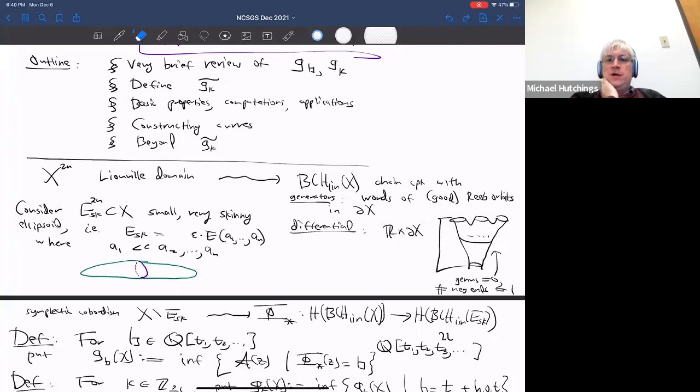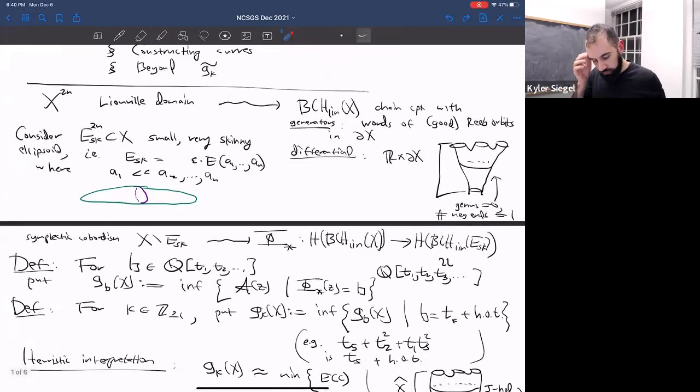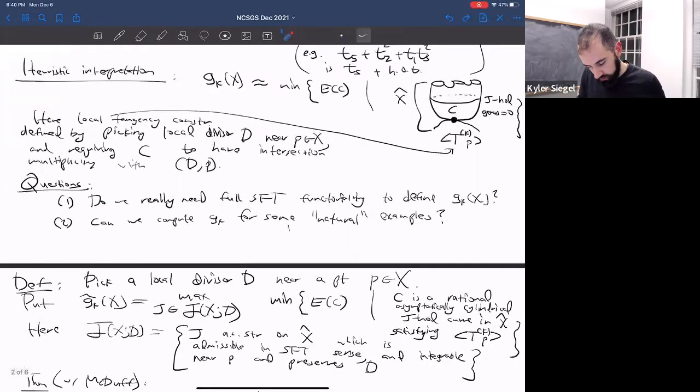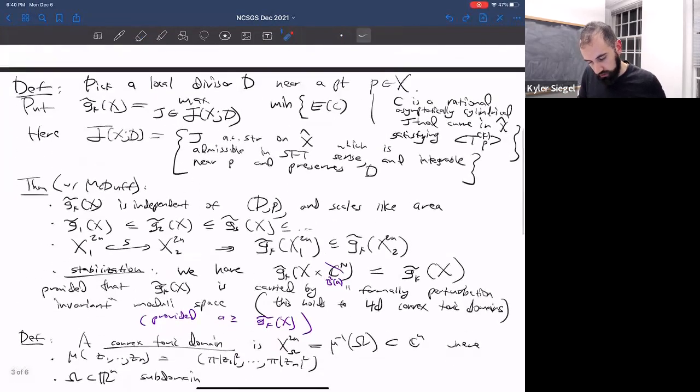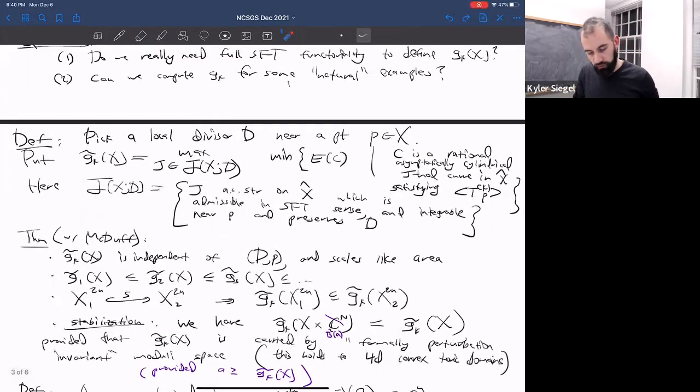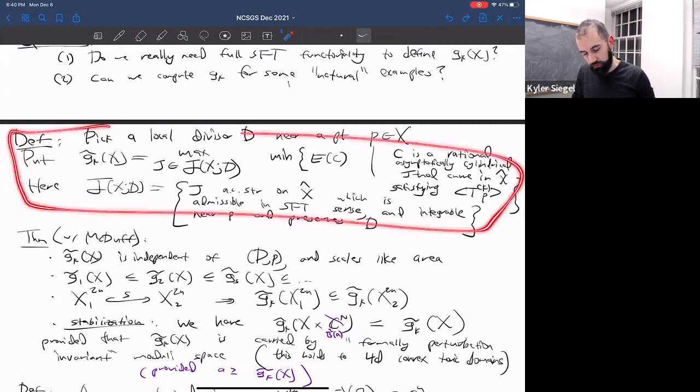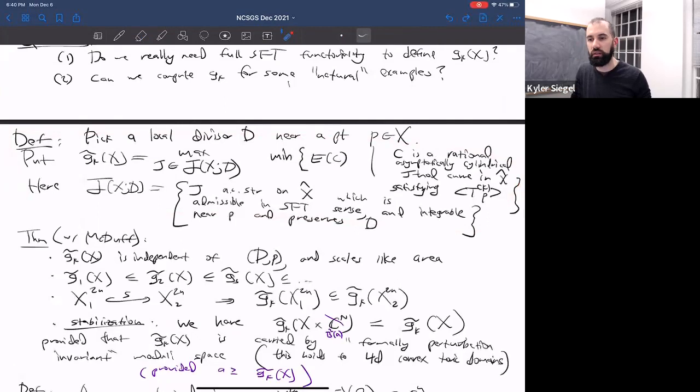Okay, but I think you had some more general kind of capacities which you didn't talk about today, which count other genus 0 curves. Is that right? Yeah, for example, and this is not something that we wrote down, you could take this sort of Gromov style definition, similar to how Gromov originally defined the width.